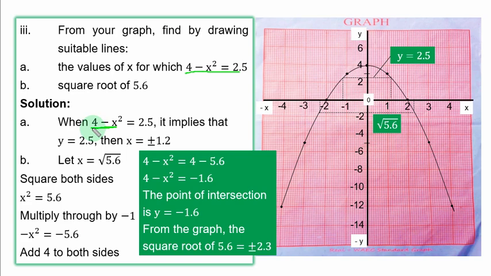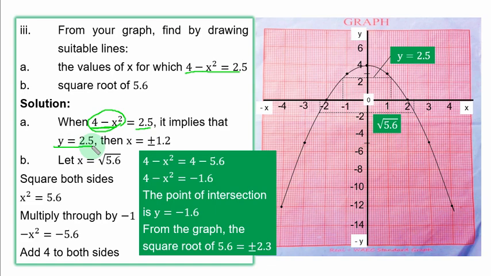So we have to solve the equation at 2.5. Everything here is equal to y as given in the question. So what it means is that we are to find the value of s when y is 2.5.